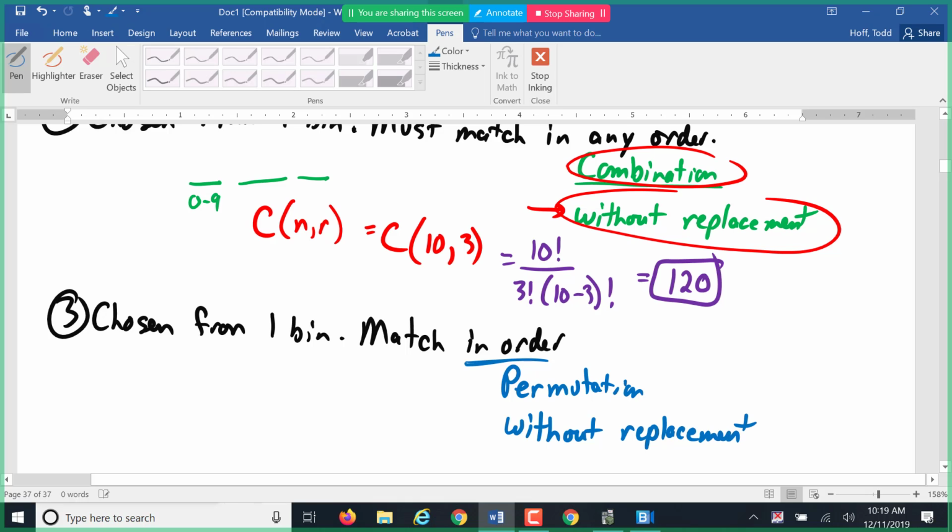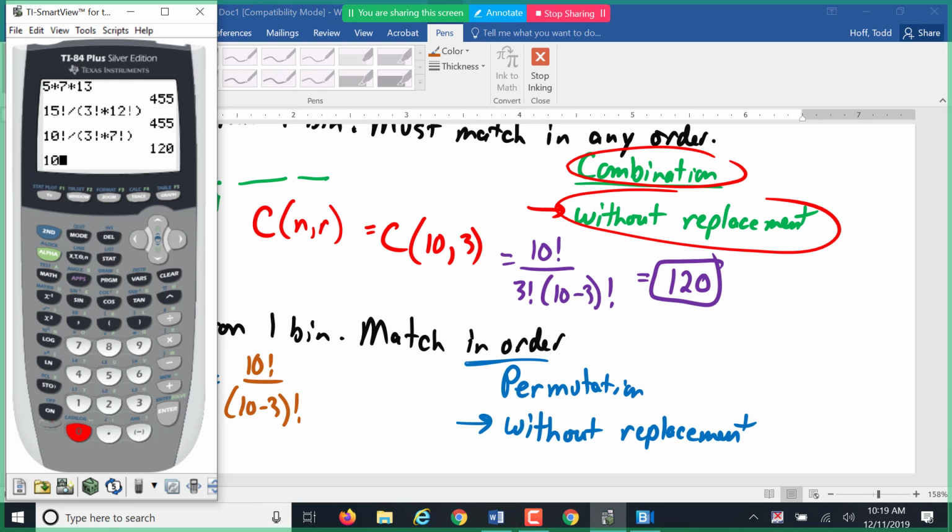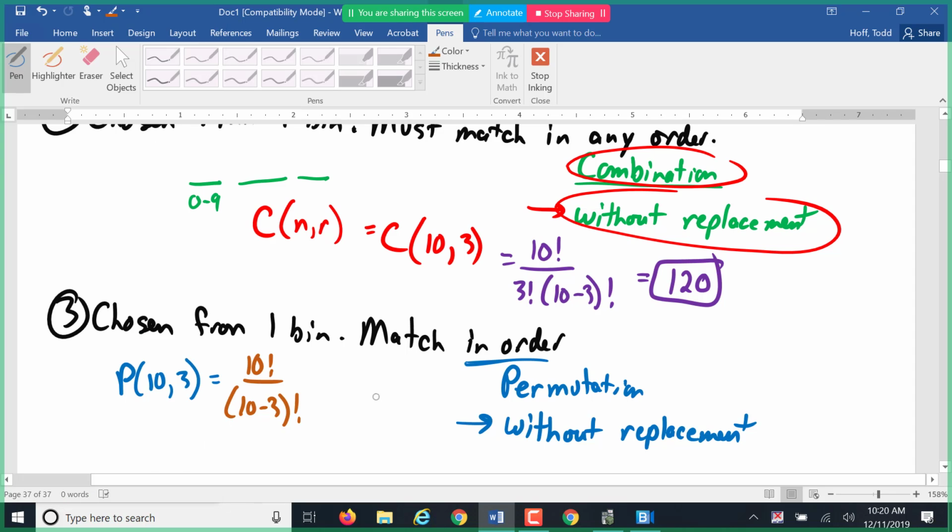So that formula for permutation again was for the without replacement. So this is going to be a permutation of 10 items where we choose 3 of them. So that's 10 factorial over 10 minus 3 factorial. To punch this in the calculator is quite a bit easier. Just 10 factorial divided by 10 minus 3 is 7. So 7 factorial, giving us 720 possibilities.